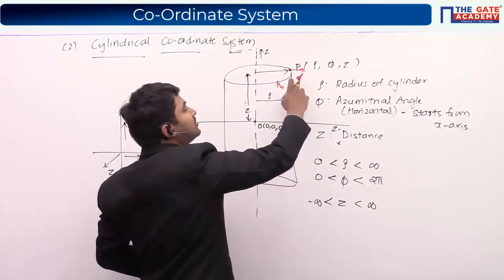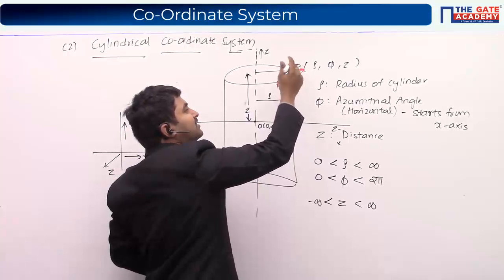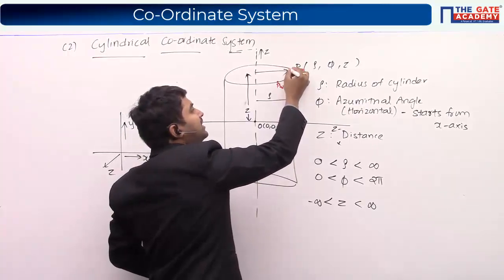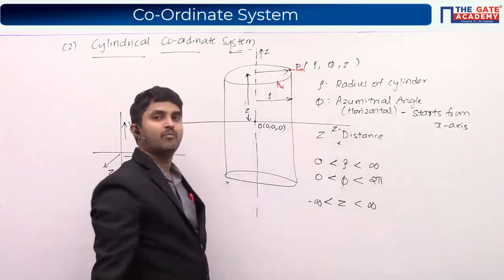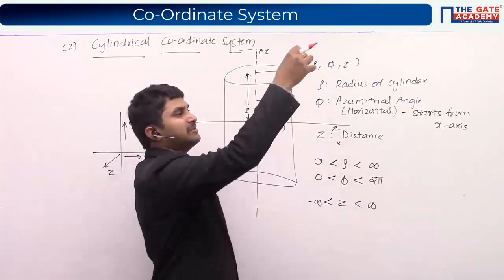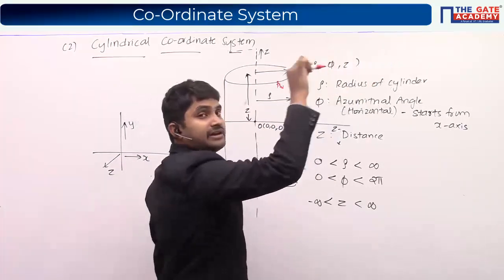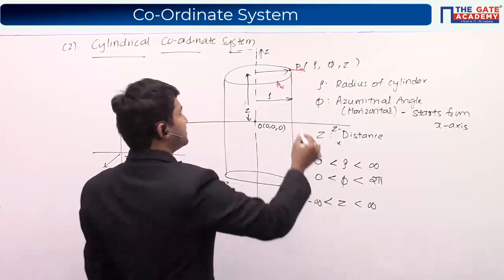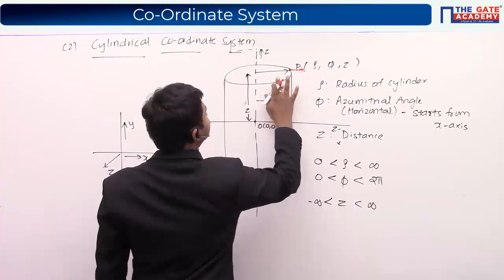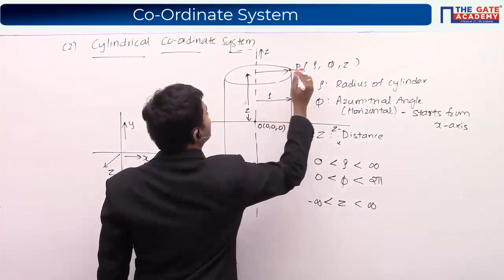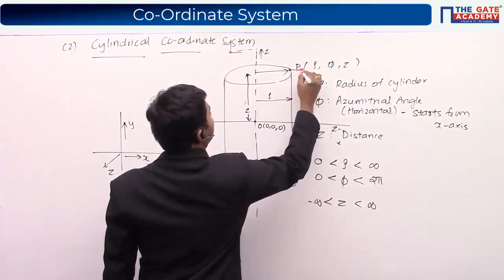So based on the particular point I am selecting, I will be representing my radial axis. For example, the point is here. In this direction, the radius is going to increase. This is nothing but the radial direction.